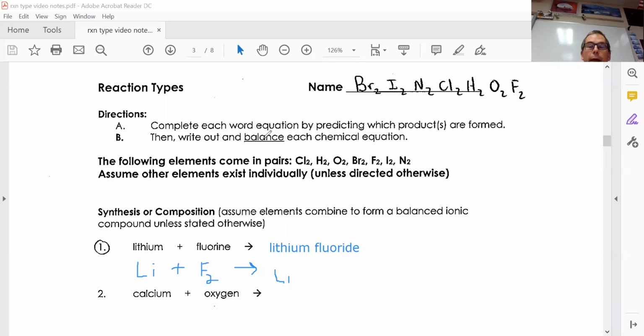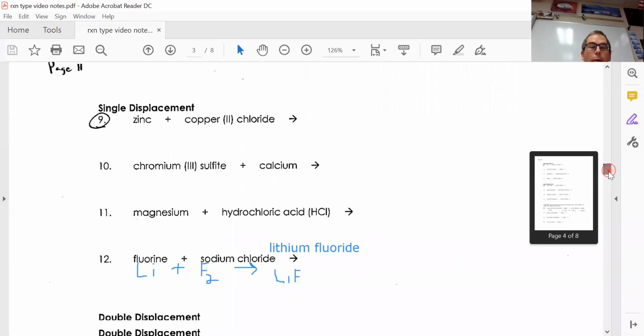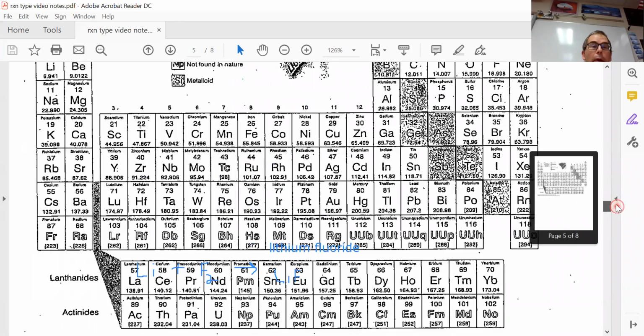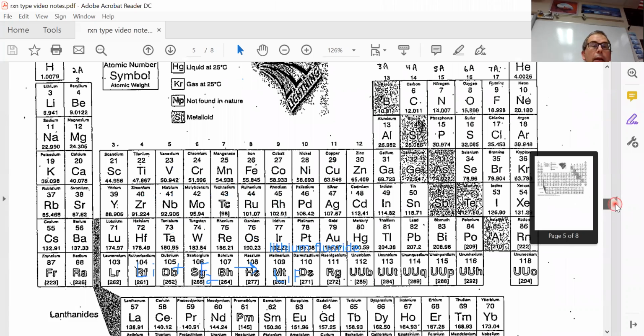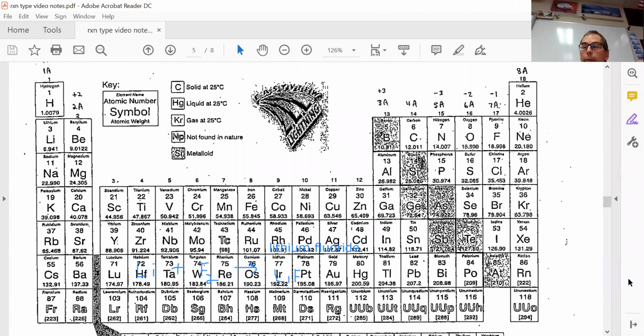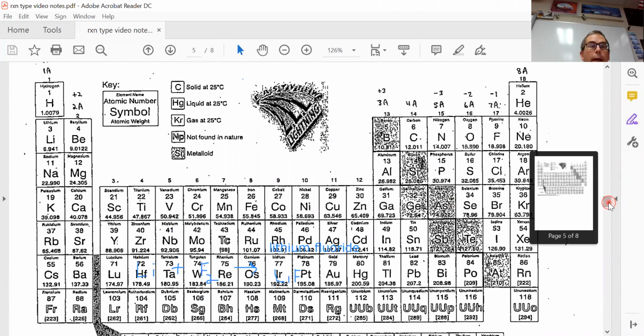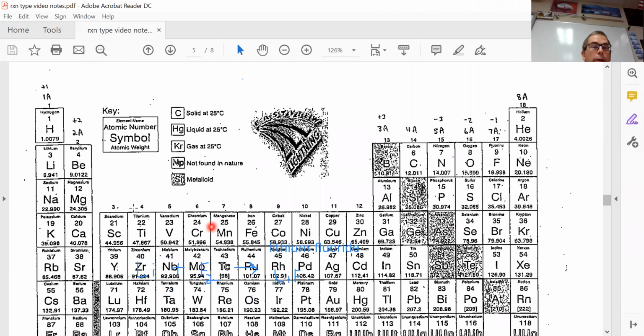Let's try that again. And what's the charge on Li? Well, if I look on my common ion chart, or I look at my periodic table, I'm going to see lithium is in family 1 right here. So you can see it's going to have a +1 charge. It's an alkali metal. And fluorine is in family 7.